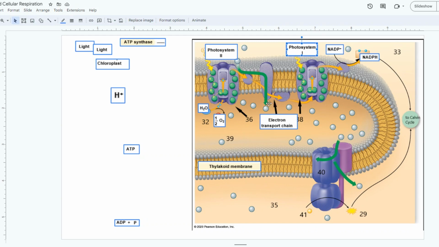Now, the outcome of all of this, and I guess I need to put the light here and the light there. The outcome of all of this production over here, where we're shuttling these electrons to the Calvin cycle, is all from the breakdown of the water over here, from the splitting of the water.